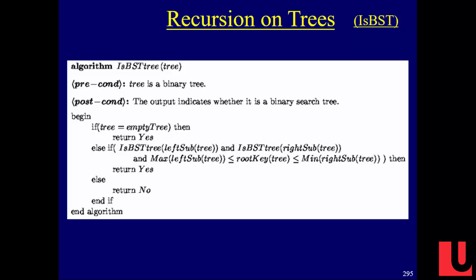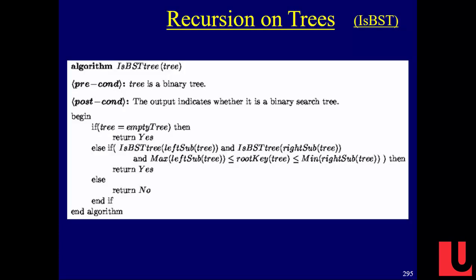Otherwise, what do we need? We need the left to be a binary search tree. We need the right to be a binary search tree. And we need the maximum on the left to be less than the root, which is less than the minimum on the right. Everybody buy this? What do I need for it to be a binary search tree?